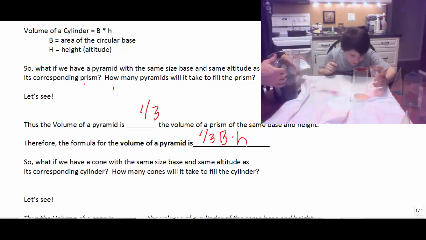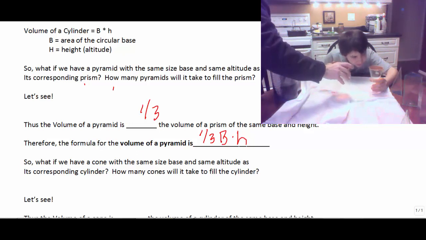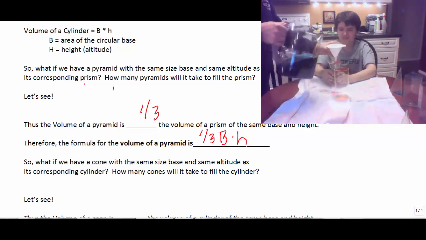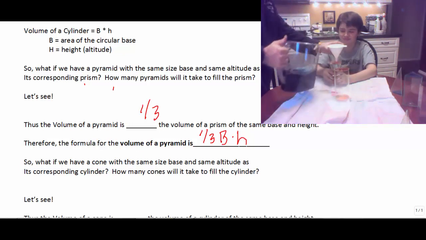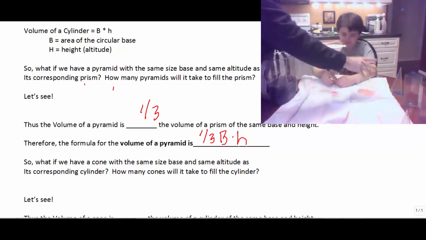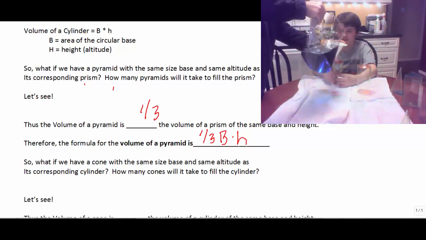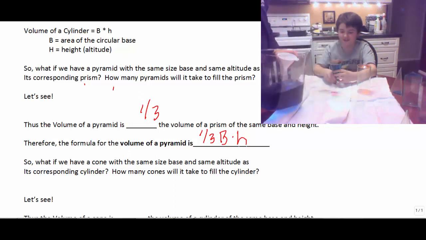Are you sure? Yeah. Okay. We'll try it. Go ahead. Let's get our cylinder out of the way. We'll fill our cone with water. How can we prove it's not Gatorade?